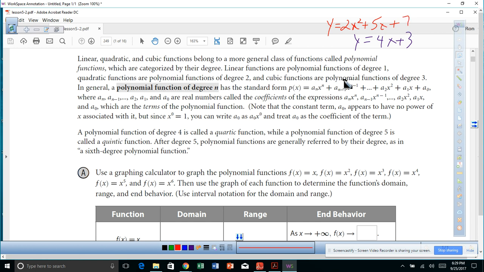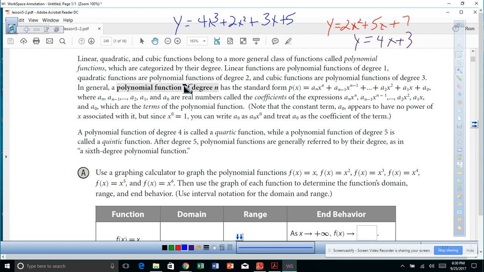And cubic functions are polynomial functions of degree 3, and they might look something like y equals 4x cubed plus 2x squared plus 3x plus 5, okay?